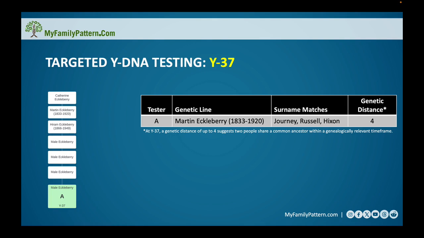Well, his results showed that he didn't have very many matches. And the ones that he did, those matches at the genetic distance of 4, so there were at least 4 mutations, had the surnames of Journey, Russell, and Hickson. And really, there were only 3 surnames, 1 each.